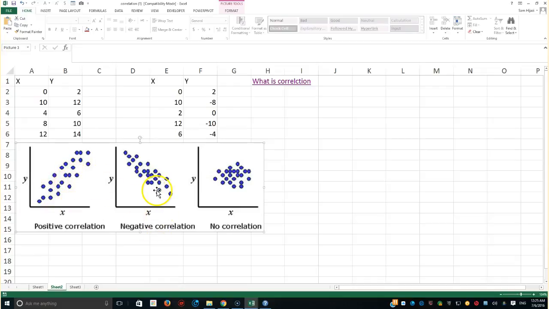Typically in negative correlation, one decreases and the other increases, so it's an inverse relationship. And with no correlation, there is nothing you could really make out of this, as the points are scattered all over the place.